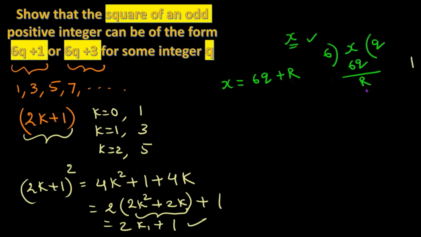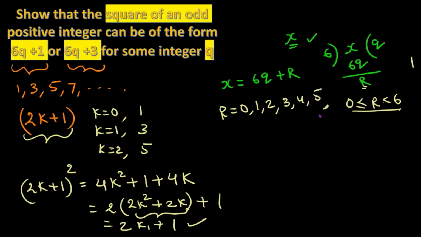So what can the remainder be? The remainder cannot be greater than or equal to 6. If it were greater, we would go to 6 into q plus 1 times, and the remainder would be something smaller, okay? So the remainder is always less than 6, between 0 and 6. 0 means perfectly divisible, and otherwise we may get the remainder 0, 1, 2, 3, 4 or 5.